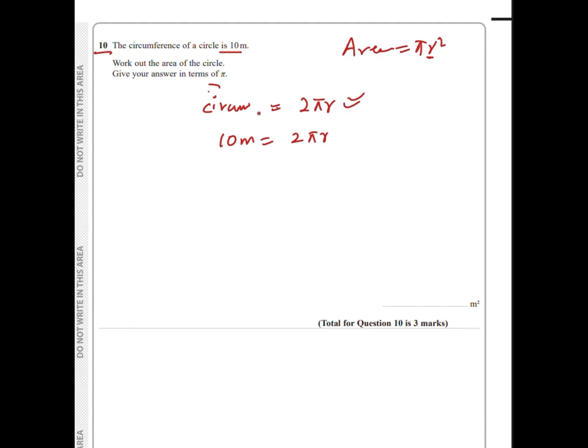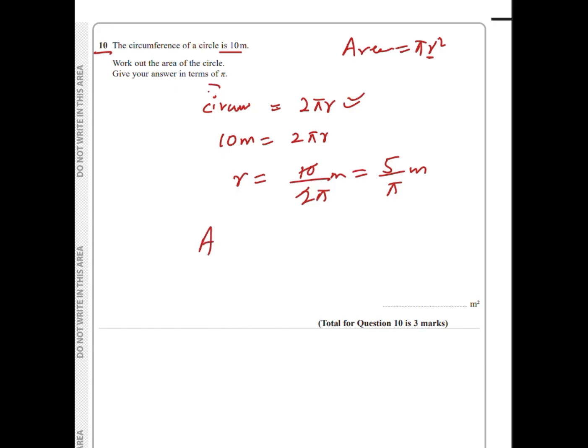So if we place the value of circumference on the left side and rearrange this a bit, we can figure out the value of r. So r equals 10 over 2 pi, which is going to give you, in meters of course, 5 over pi meters. This 2 is going to cancel out this 10 and pi is going to stay there.